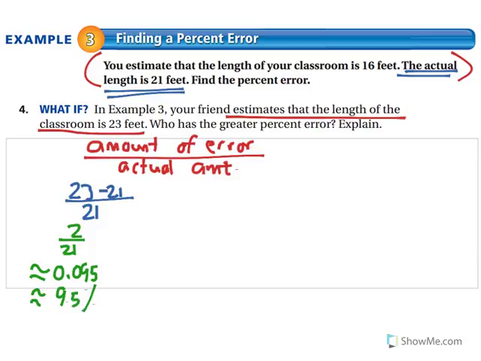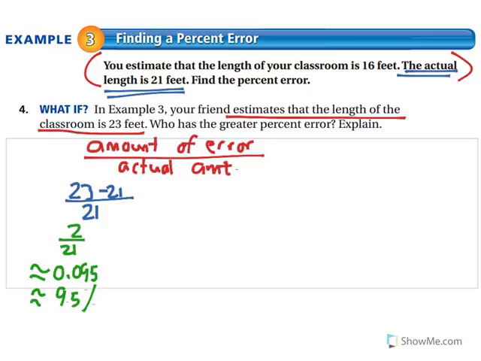So the question asks us, who has the greater percent error? Well, your percent of error was about 23.8%, if you remember.